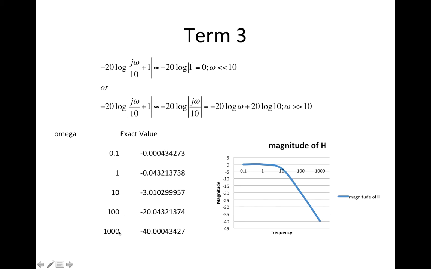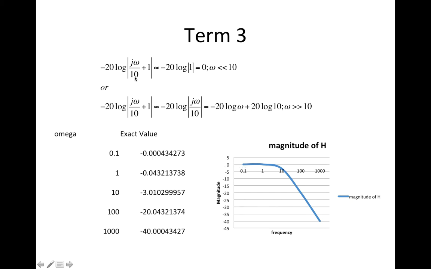At 1000, you're down minus 40. And notice the farther you get from this break point of 10, the closer you are to the approximation that you would be at minus 20, minus 40, minus 60, and so on. That is because the curvy curve is approaching the asymptote. Same thing is happening on the lower frequency end, where as we get smaller and smaller, we get closer and closer to a constant value of 0.